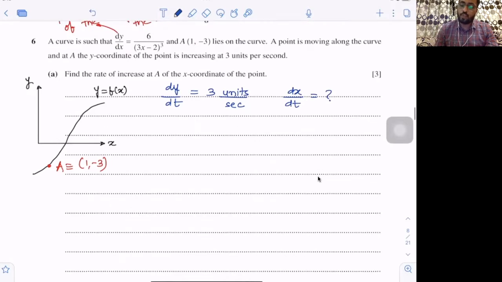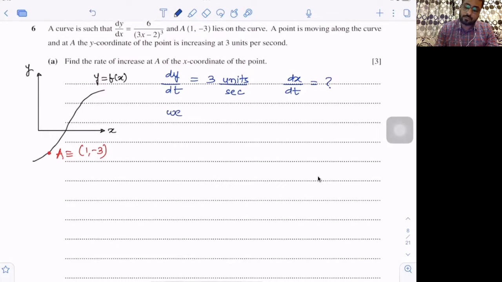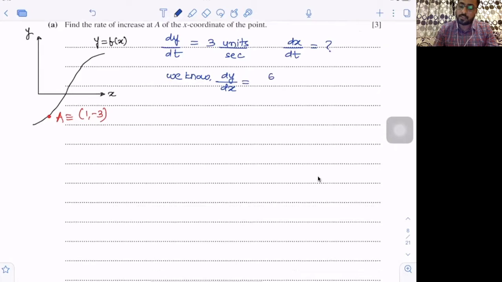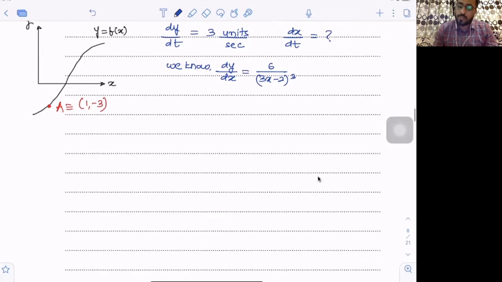Okay, now we know that dy upon dx is equal to 6 upon 3x minus 2 the whole cube. Now students, I am pretty confident that you are already aware of something called a composite function, or we can call it the chain rule. So can I write dy upon dx something like this? It's still dy upon dx, right?